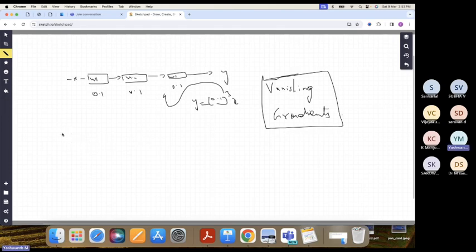Typically, the way you choose is, say, y is some summation of, let's say, w times x. So this is typical of a neural network, right?